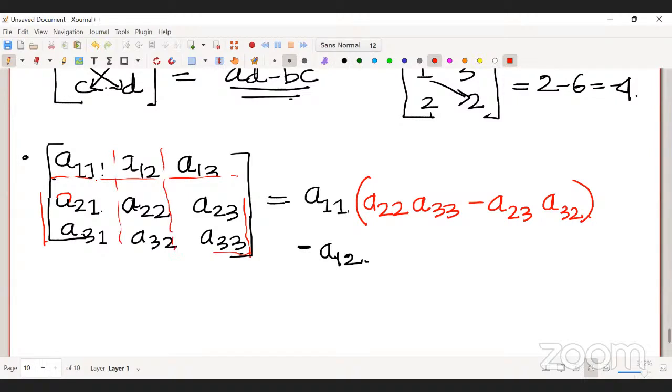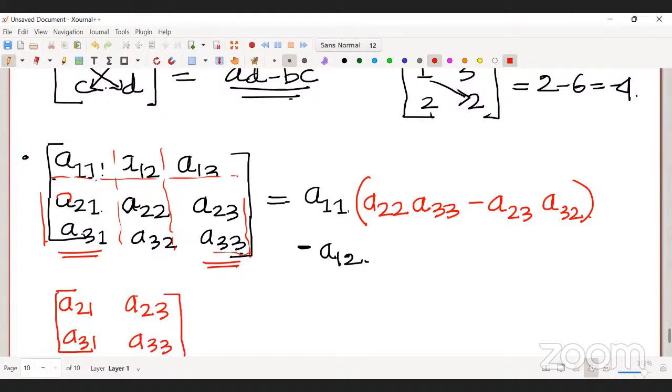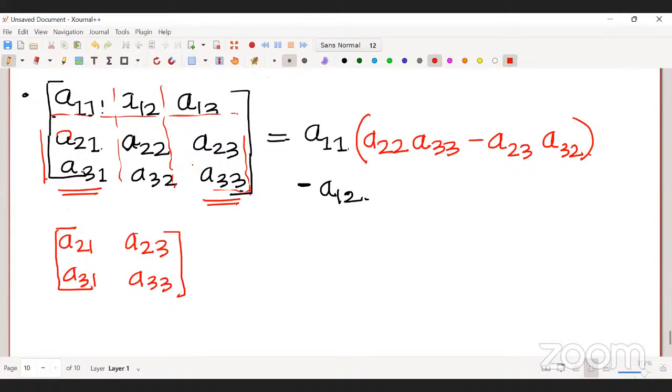So you take the determinant of the matrix formed by a21, a23, a31, a33, and you multiply a12 with the determinant of this matrix.